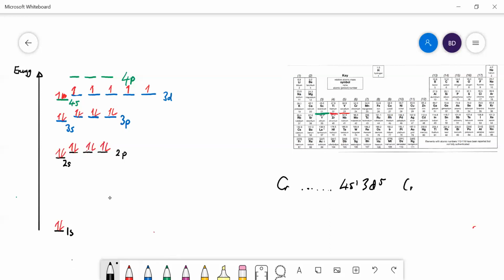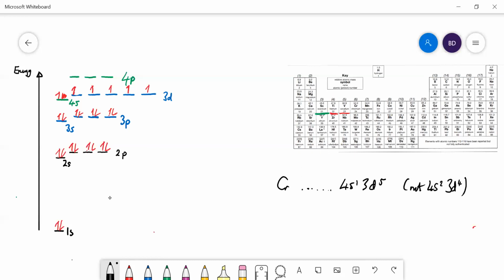It's not 4s2 3d4. The usual explanation is that you get extra stability when you've got a half filled shell. It's a bit of a vague explanation, but anyway, you do get 4s1 3d5, not 4s2 3d4.